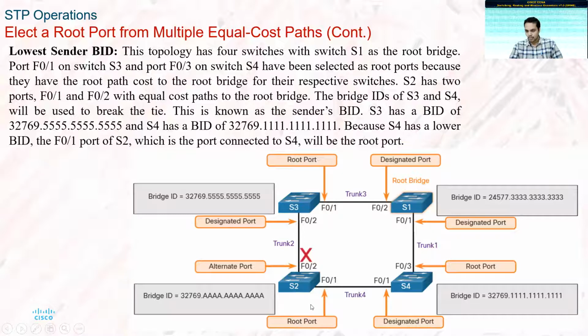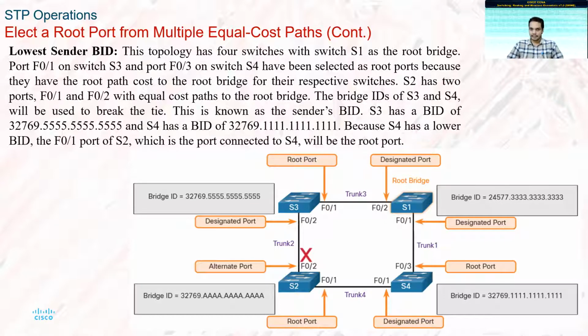Now, S2, on the other hand, has 2 paths, right? It can go to S1 via S3 and via S4. Both the paths have equal costs. Both will come up as 38. So you have to break that tie. You have to select one port as a root port and the other port as the alternate port.